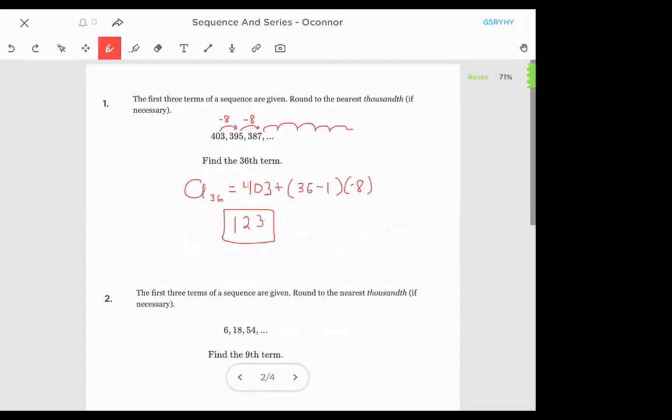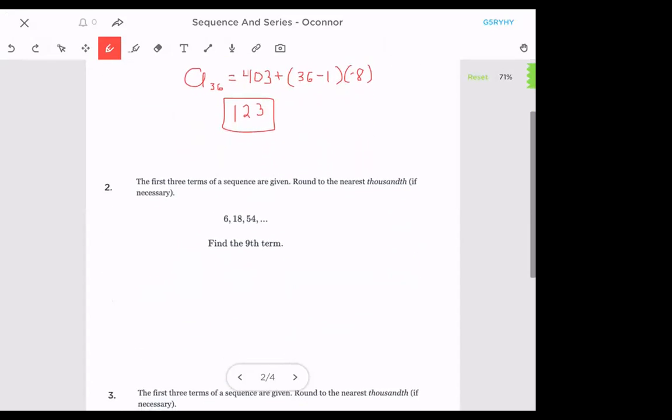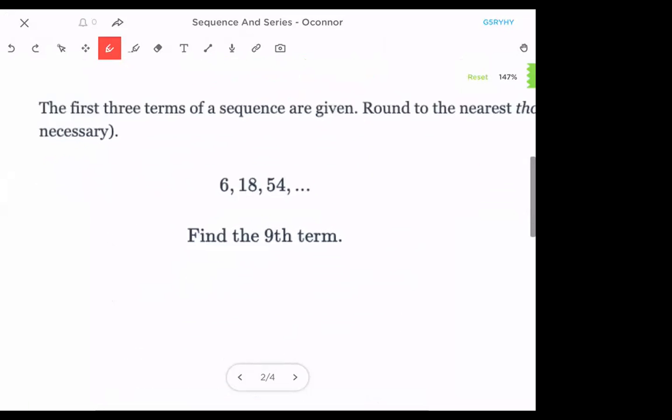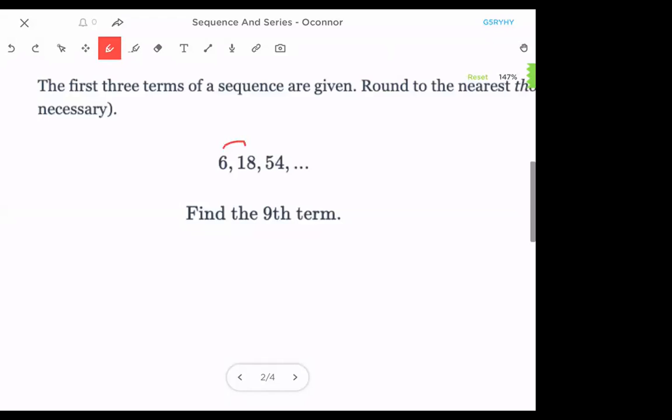For problem number 2, we want to find the 9th term in this sequence. So I know it's a sequence. Question is, is it arithmetic or geometric? Well, I'll first test to see if it's arithmetic. That would be plus 12, like 6 plus 12 is 18. But if I did plus 12 again, that doesn't work. It doesn't give me 54.